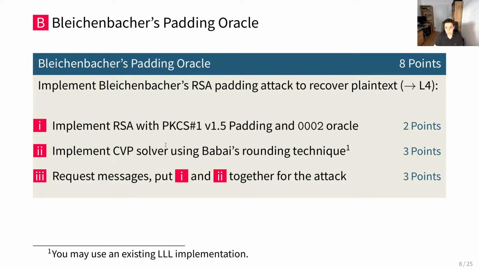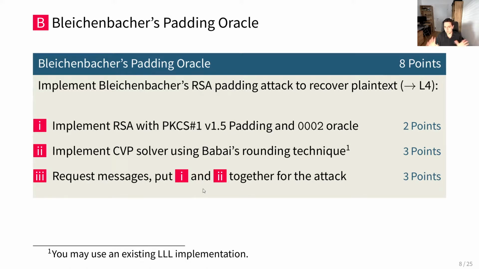But the main part will probably be this one. So the second subtask is to essentially implement the CVP solver using this special rounding technique here. And I will also come to it later in the hints, but essentially this algorithm internally uses an LLL algorithm or works on some basis which is supplied after the LLL algorithm, but you may use an existing LLL implementation.